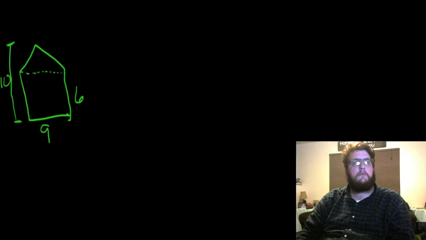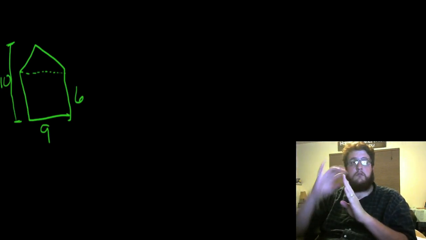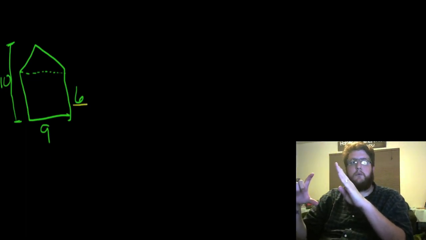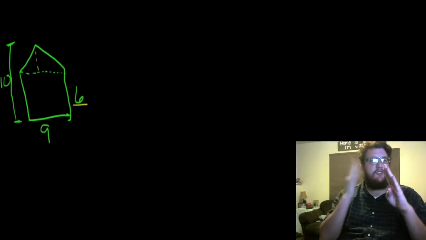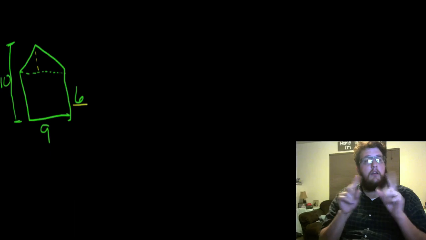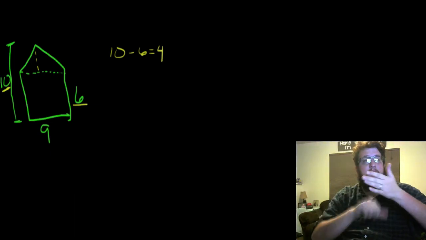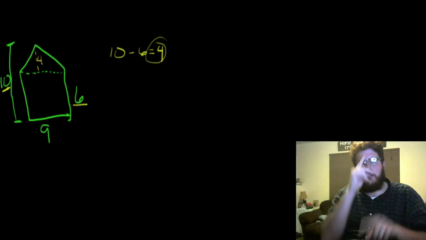So because I know that the side of the house is 6 units, I know that this height must be 10 minus 6, which is equal to 4. So I know that the height of the triangle must be 4.